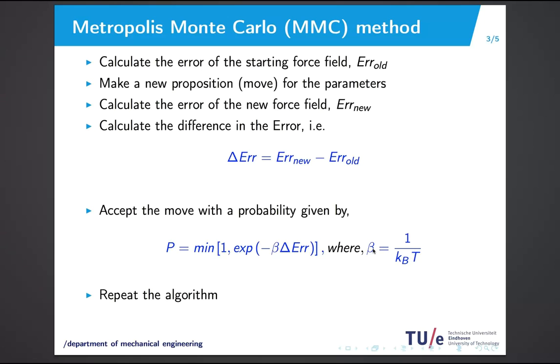Now, one of the main advantages of this MMC method over other optimization algorithms is that because of its randomness, it jumps over local maxima easily. That's one of the main advantages, and that's what we are going to exploit in this ReaxFF force field parameterization, which in fact is also a challenge in ReaxFF force field optimization.